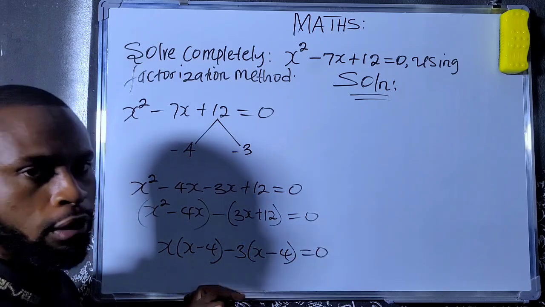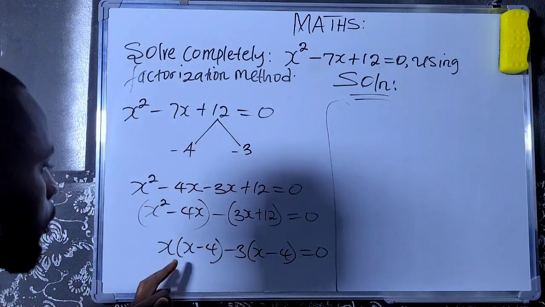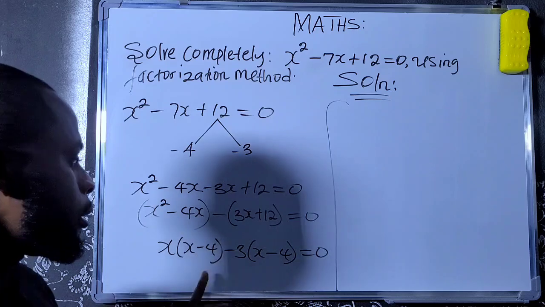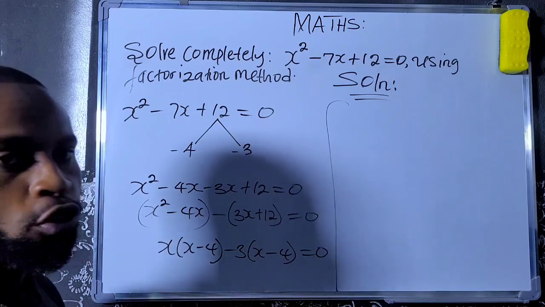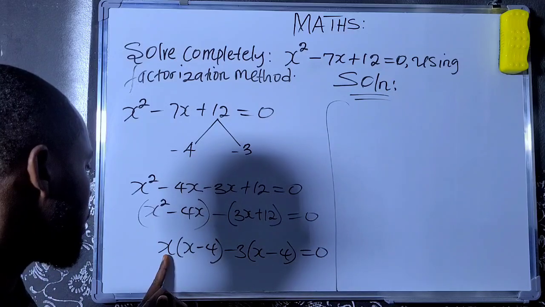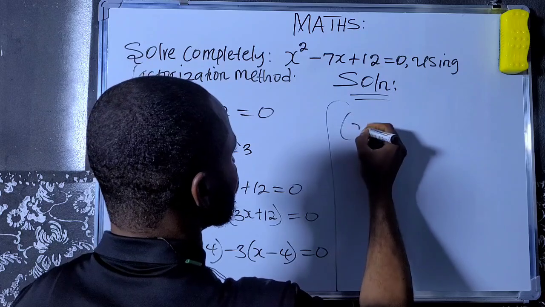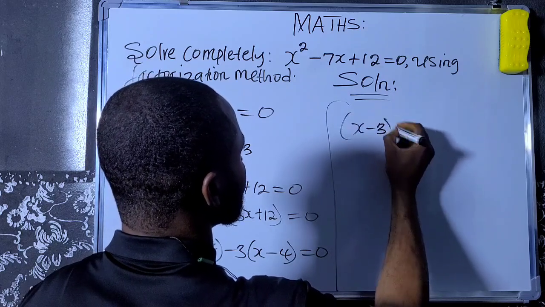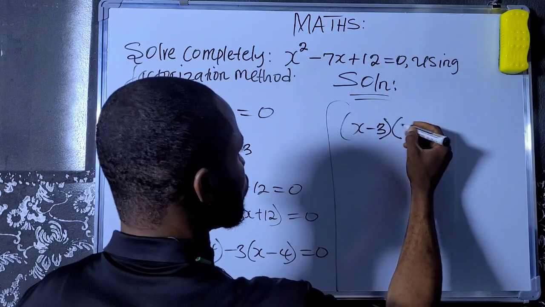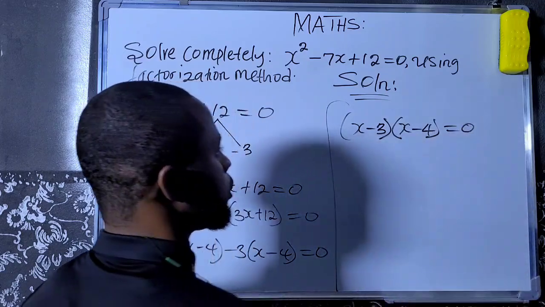Then this equals 0. And the equation becomes, since the two brackets are alike, you pick out one and pick the two external factors, which are x and minus 3. You are going to have x minus 3 into x minus 4 equals 0.